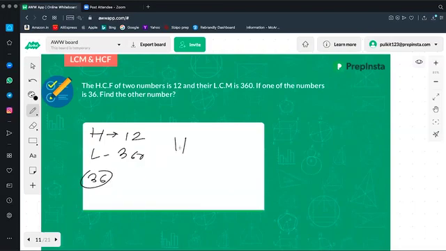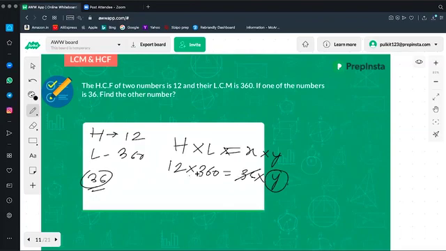We know that HCF into LCM is equal to X into Y. HCF is 12, LCM is 360, equal to 36 into Y. We have to find Y. 36 times 10 is 360, so Y is 120. Simple as that. Is that clear to everyone now?